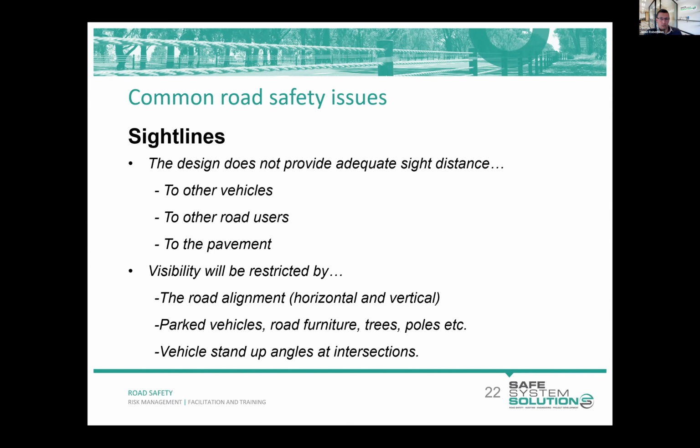Another dangerous situation is where we have a shallow approach angle or stand-up angle at an intersection. You may have heard of Y intersections, where you have acute intersecting angles of roads. That makes it difficult for approaching motorists to view each other, and there's a tendency for failure-to-give-way crashes in those situations.